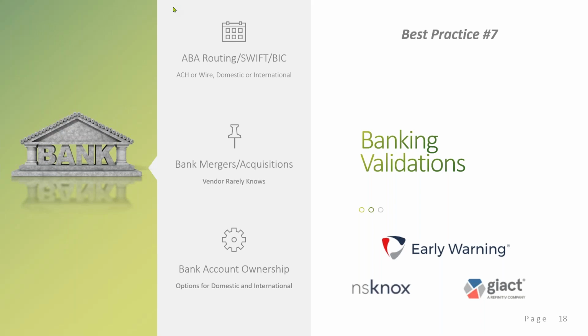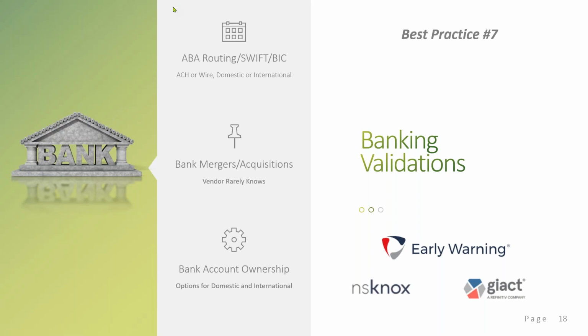Now, the next one is bank account ownership. That is matching the vendor legal name with the bank account holder name and the new account number, and sometimes the tax ID on the vendor record against the tax ID used to open the bank account.